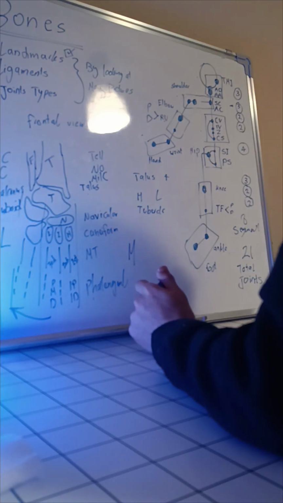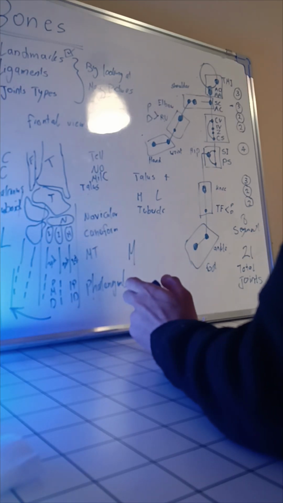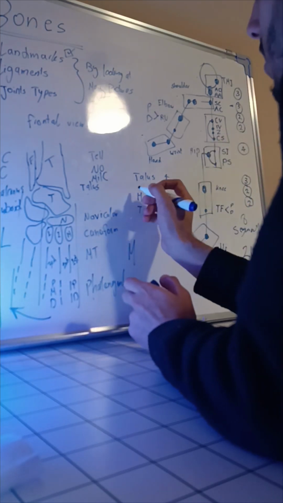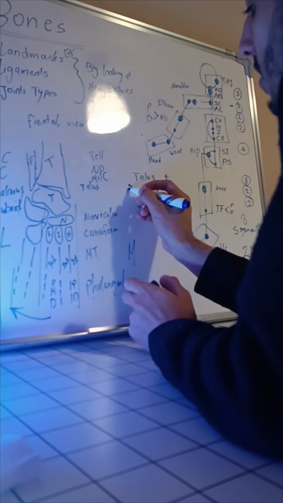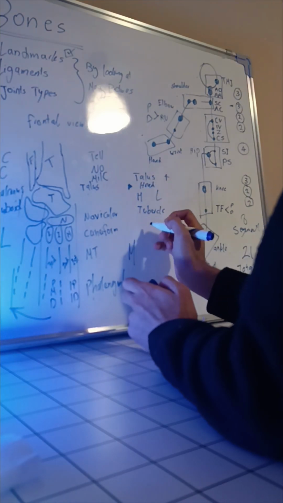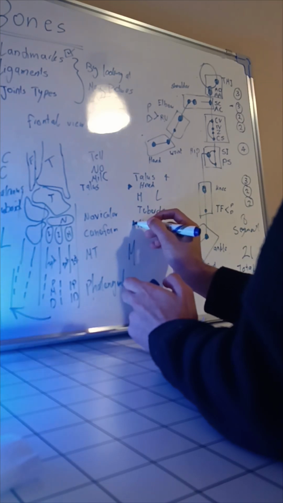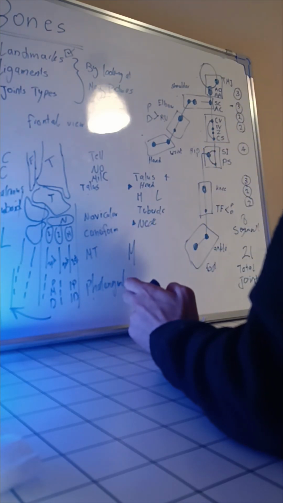There is also the posterior process. So basically, for each bone of these, there is the head and the neck, right?